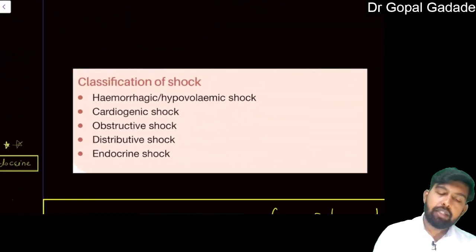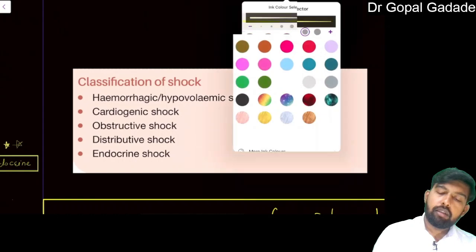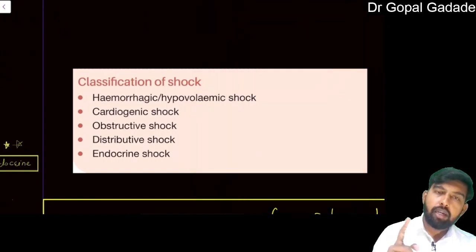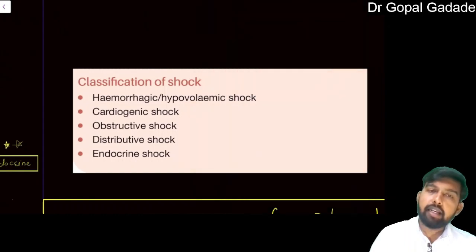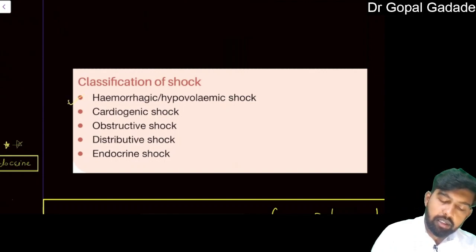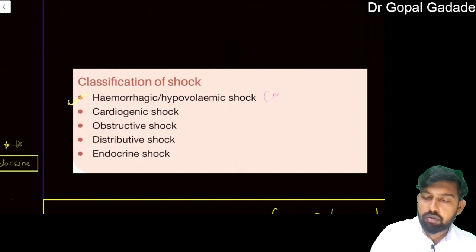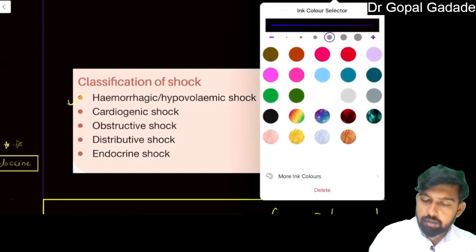Basically, there are 5 types of shock according to the Bayesian law. First is hemorrhagic shock or hypovolemic shock. This is the most common type of shock.